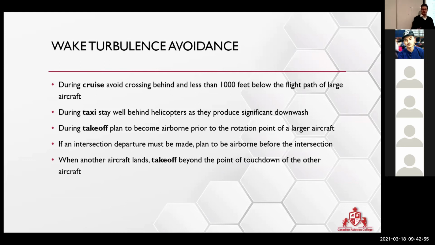Very important notes. I don't think the slide mentioned it. Wake turbulence starts when you are lifting off from the ground. All right. So it's only when you are lifting off the ground.